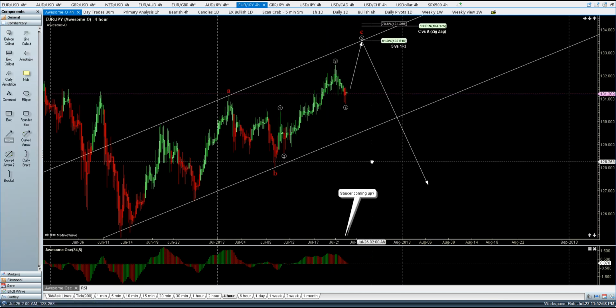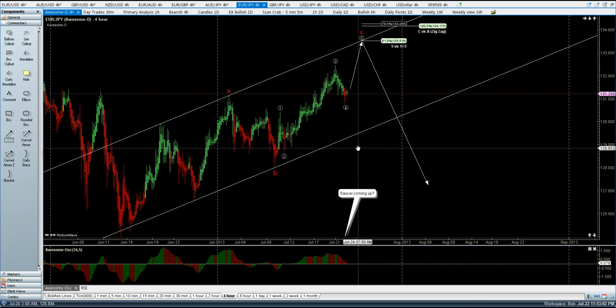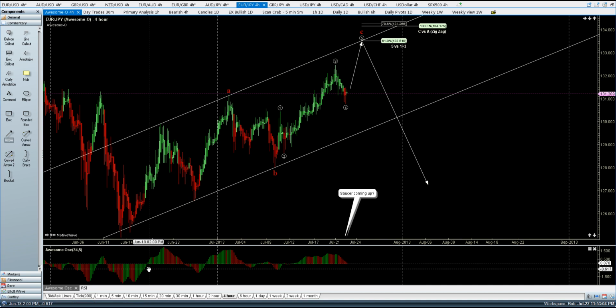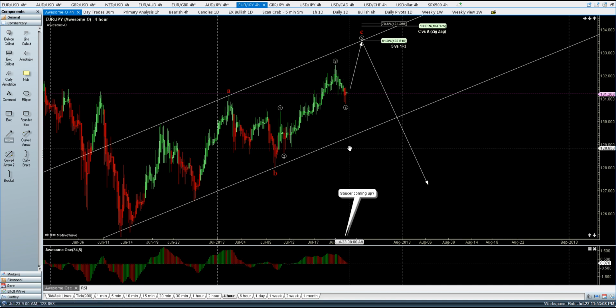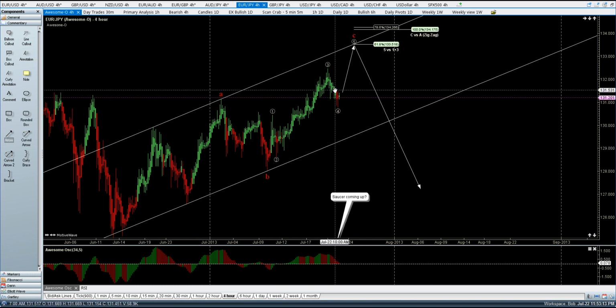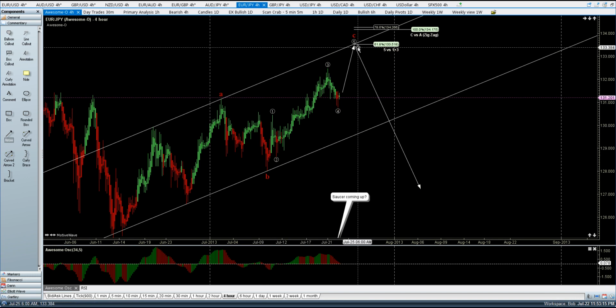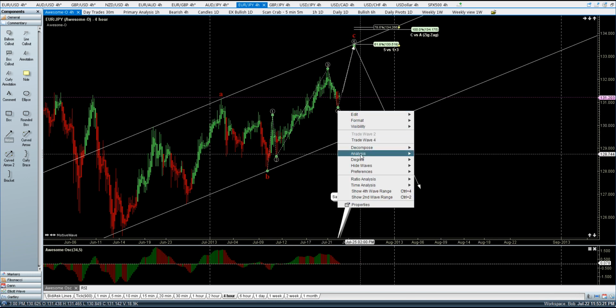Euro Yen. Maybe we got a saucer coming up here. We did break below the 50 on the RSI, but it looks like it's trying to get back up. Think of maybe a 1, 2, 3, 4, 5, up to 33.50, possibly 34.71.